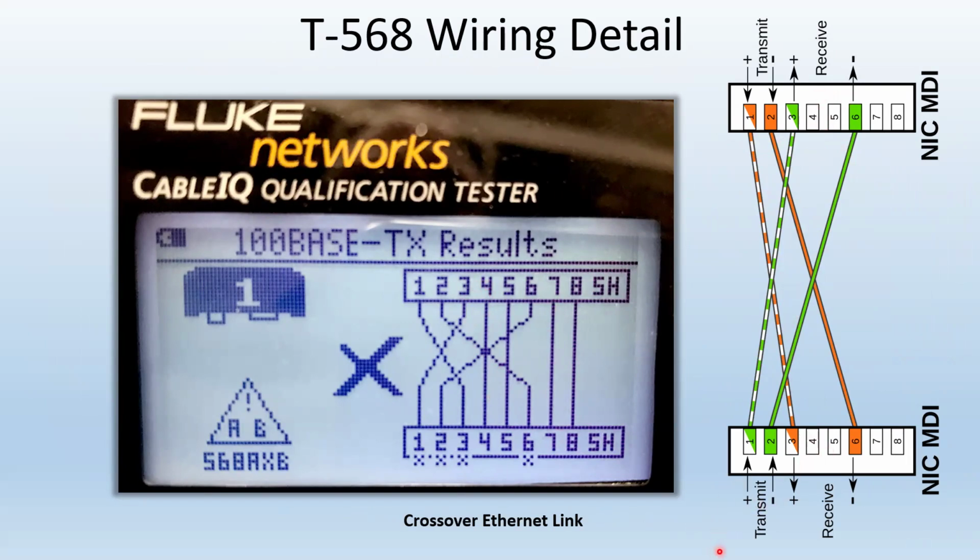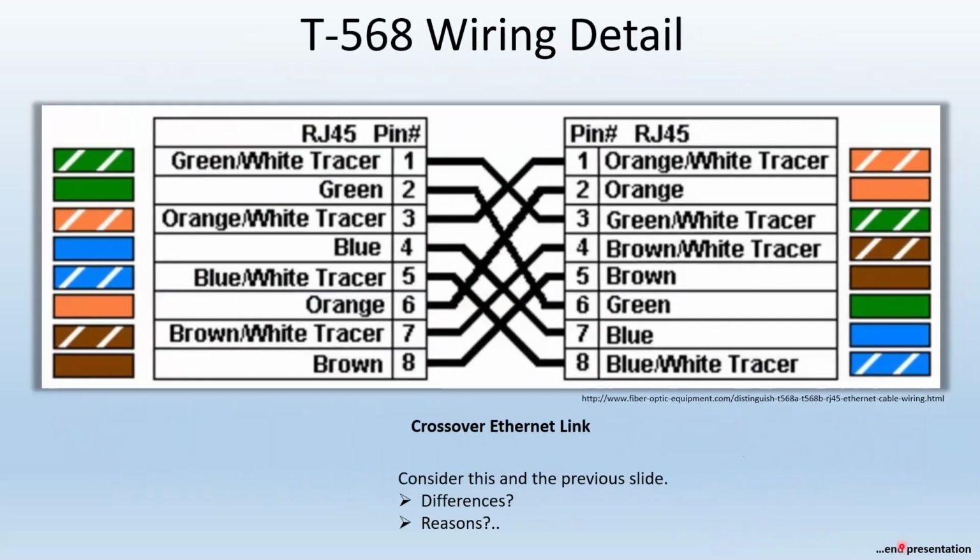The picture is labeled a crossover data link. But when you have multiple pictures displayed, you're also going to see a picture where the oranges and greens are crossed over, but also the blues and the browns are crossed over.